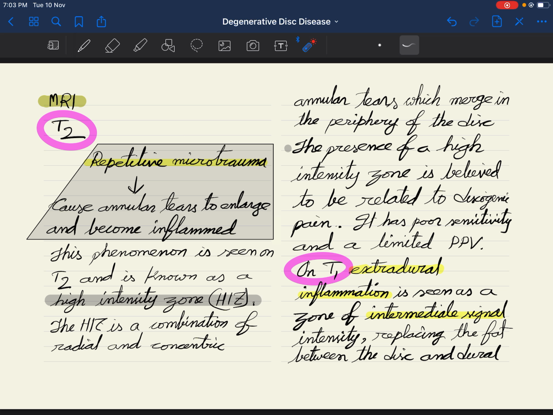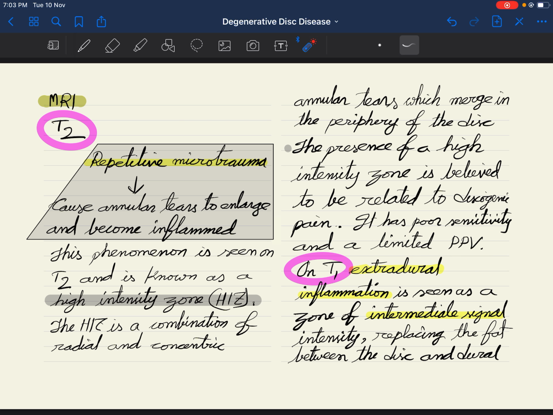It is believed that the presence of a high intensity zone is related to discogenic pain. It has poor sensitivity. That means if the high intensity zone is positive, that does not mean that discogenic pain will definitely occur. It also has a limited positive predictive value.